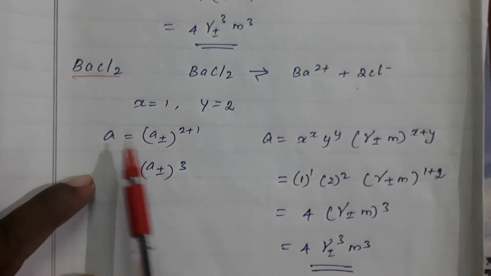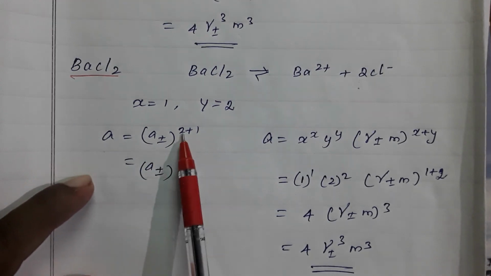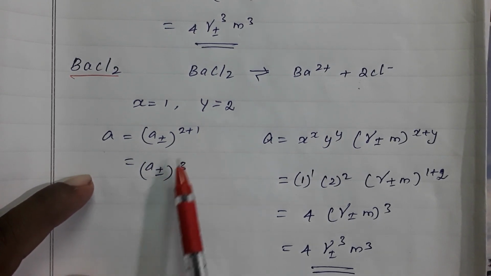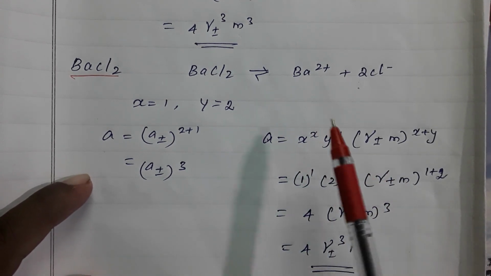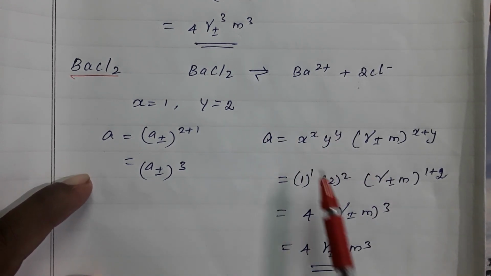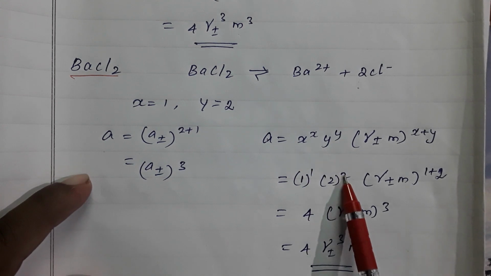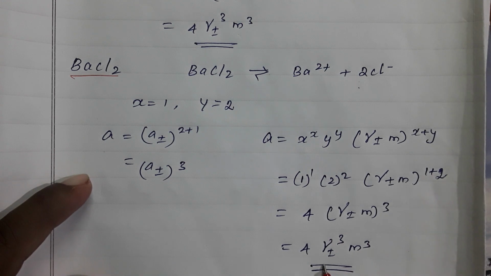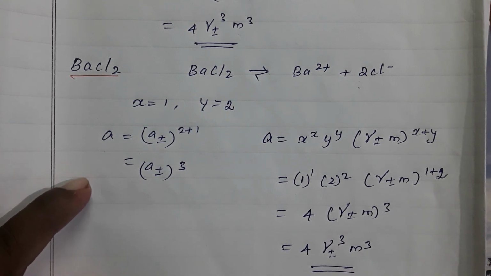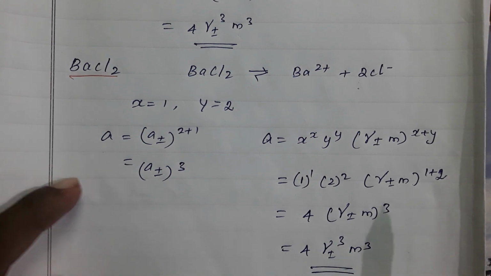Mean ionic activity a plus or minus is 2 plus 1, so actually 3. Then for mean ionic activity coefficient, x power x is 1 power 1, y power y is 2 power 2. Activity coefficient, molality 1 plus 2. The same result we obtained for Na2SO4 is obtained for barium chloride also.